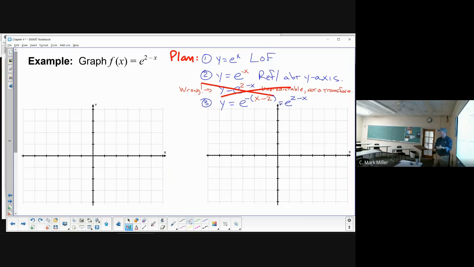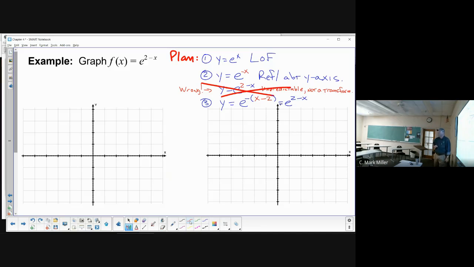So follow that logic. That's what you had to do in last night's homework. So the negative of x minus 2, distribute that negative, gives you a positive 2 and a negative x.